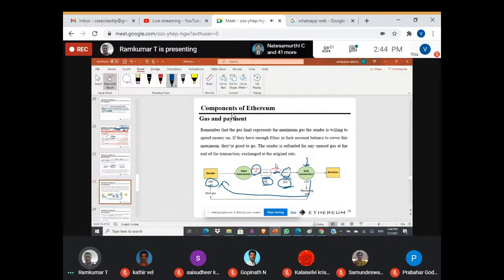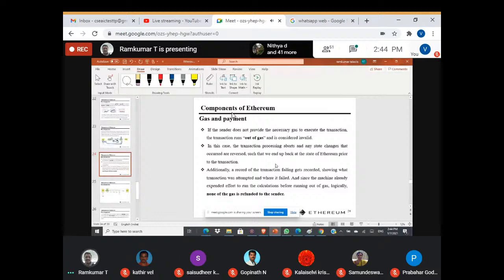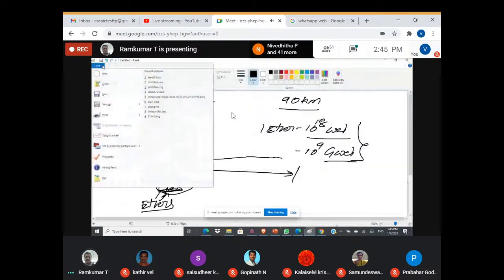Similarly, if you are providing more fee to the network to do your process, there is no issue at all. But there is a problem if you are sending less gas, which I will take in the example.